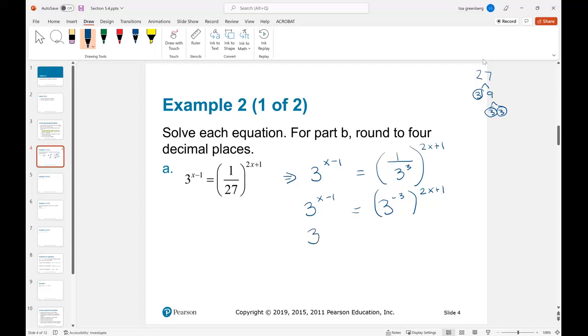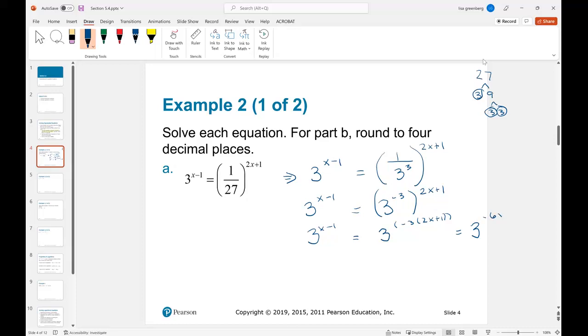And then now we use our multiplication because we have a base to a power to a power. So this is 3 to the power of negative 3 times 2x plus 1. I really am going step by step here. I'll do it on the same line. I'll distribute that negative 3.